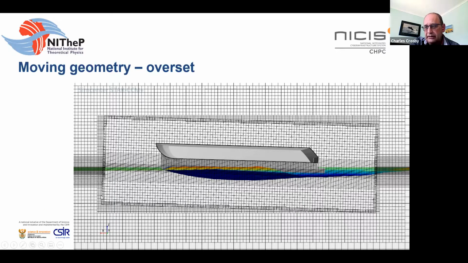You typically want at least 3 cell widths of overlap to get a nice smooth interpolation of the properties between these two grids. And in that way, you can get any complexity of motion because it just changes the amount of overlap, which cells overlap. So it cuts out with each step of the motion. It cuts a hole out of the background mesh and then interpolates between these two meshes. And this is a very robust way of doing large motions.